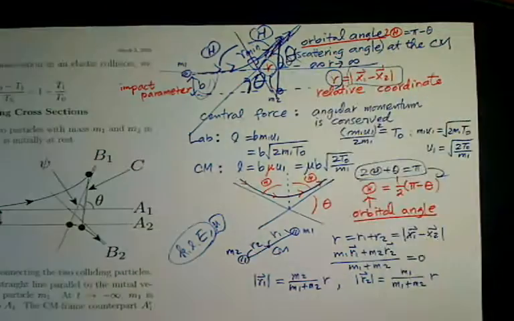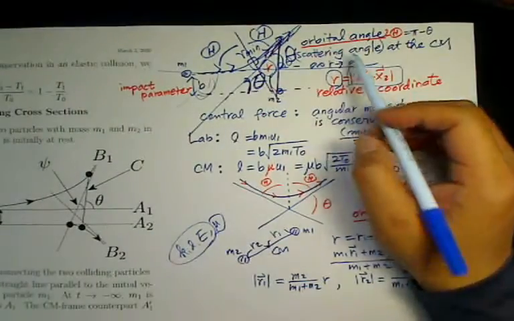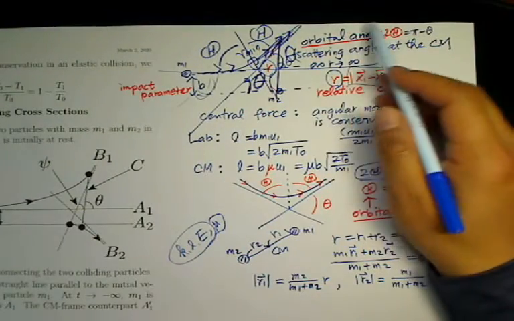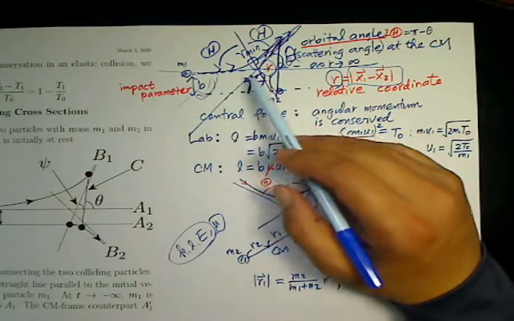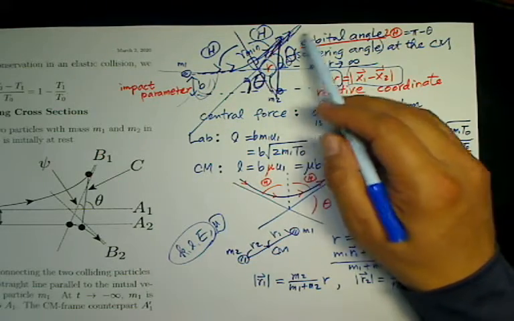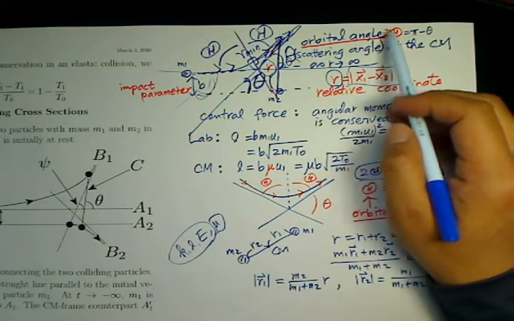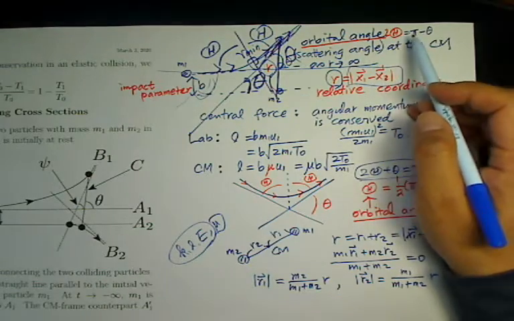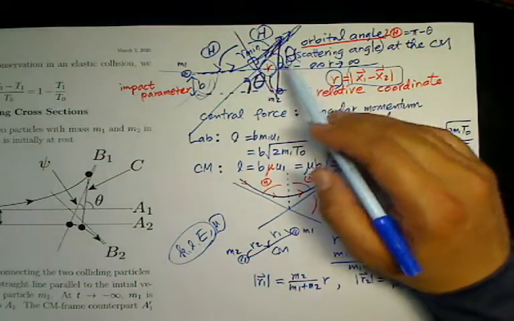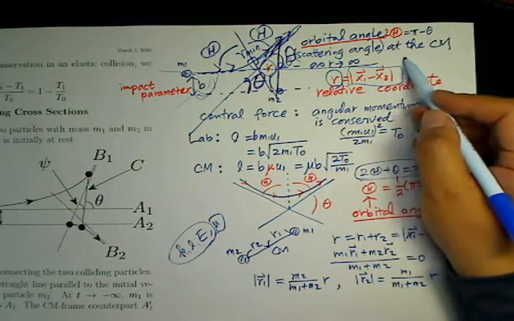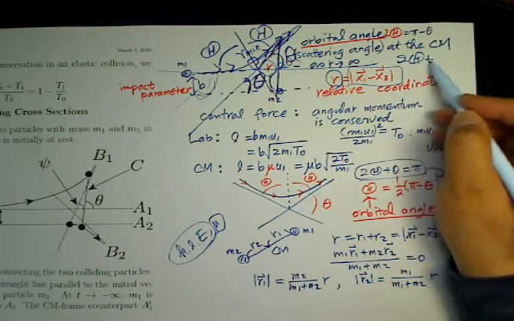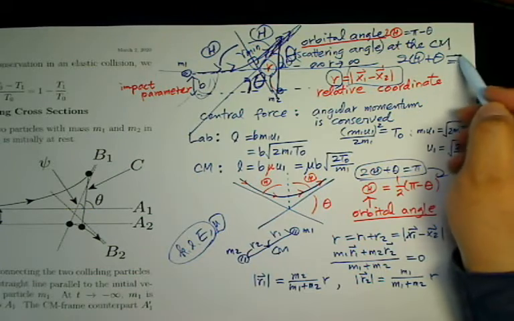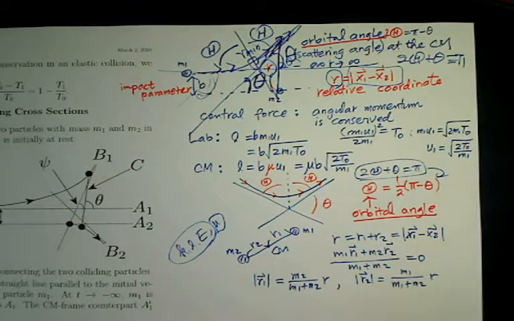The orbital angle from infinity to r minimum is psi, multiplied by 2 equals pi minus theta, or 2 psi plus theta is 180 degrees. Okay.